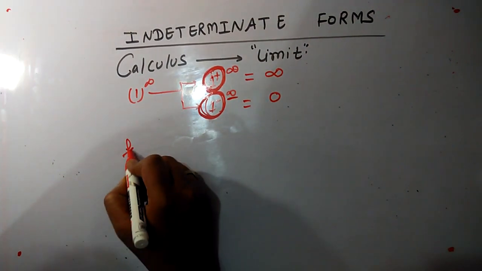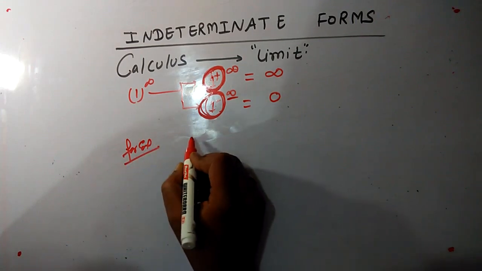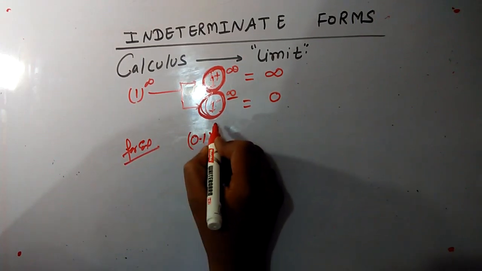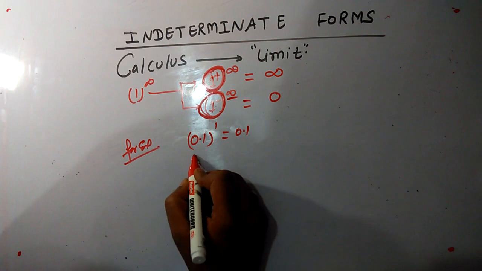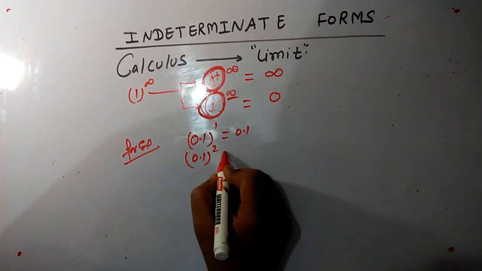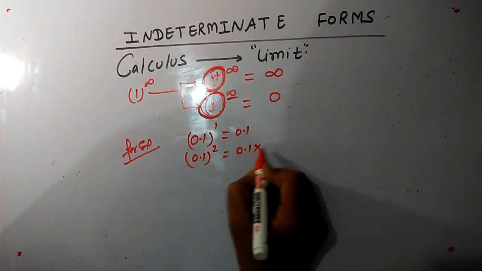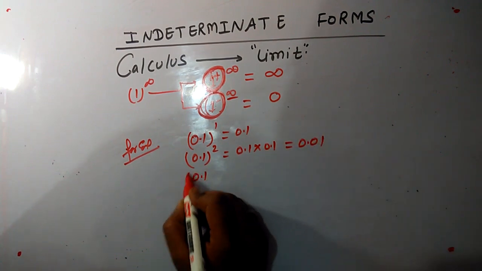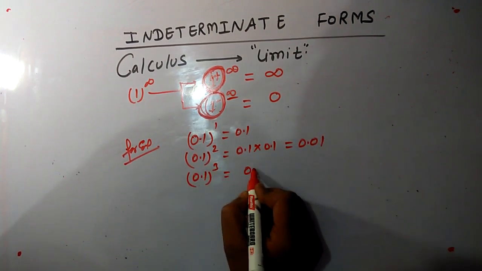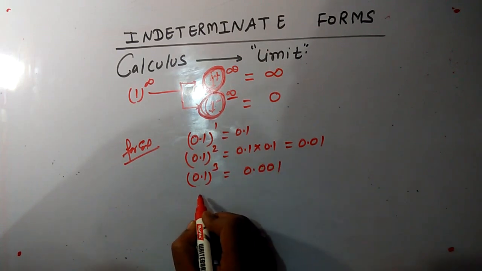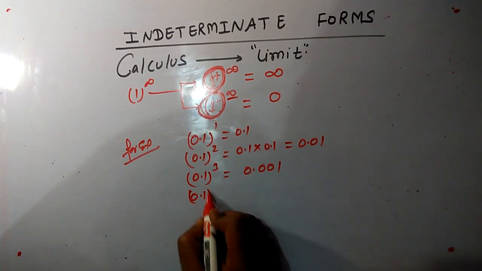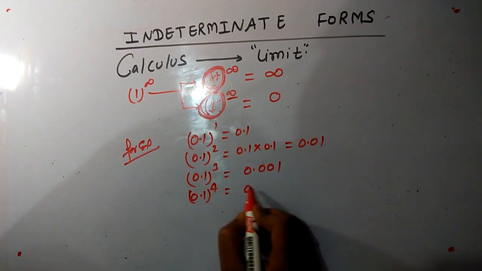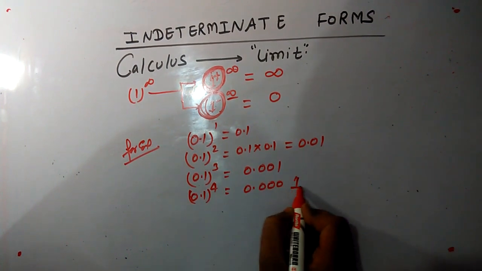For example, if I take 0.1, 0.1 raised to power 1 is 0.1, 0.1 raised to power 2 is 0.1 into 0.1 which is equal to 0.01, 0.1 raised to power 3 will be 0.001, 0.1 raised to power 4 will be 0.0001.